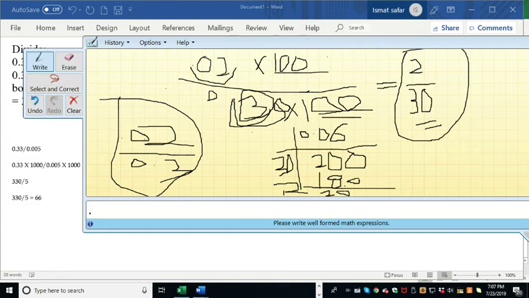So the answer is 0.06, and that is your answer.